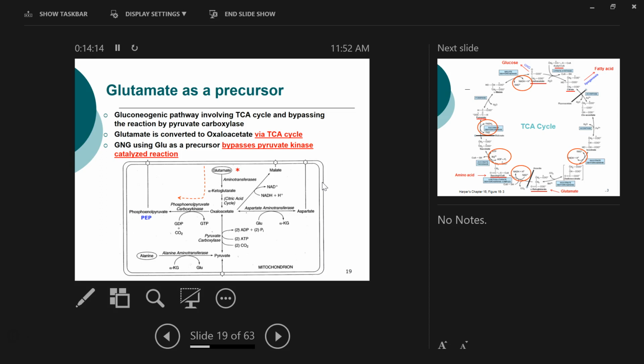The bypass is basically the pyruvate carboxylase reaction, and of course it involves the TCA cycle. There are two things you want to know: glutamate as a precursor involves the TCA cycle, and it also only involves the three gluconeogenic bypass reactions.